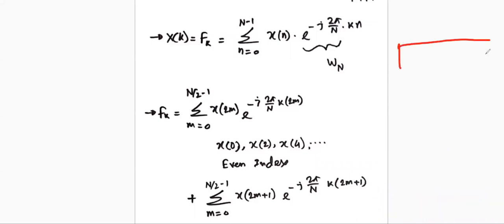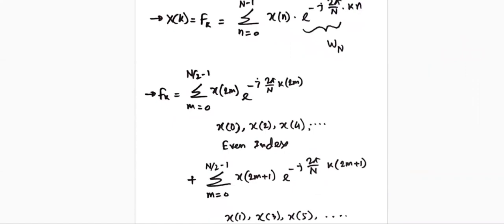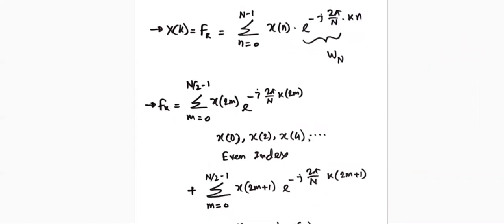The concept is, first we are dividing into two parts, N by 2 and N by 2, this even and this odd. Try to understand the total number is from 0 to N minus 1. So we are dividing into two parts.